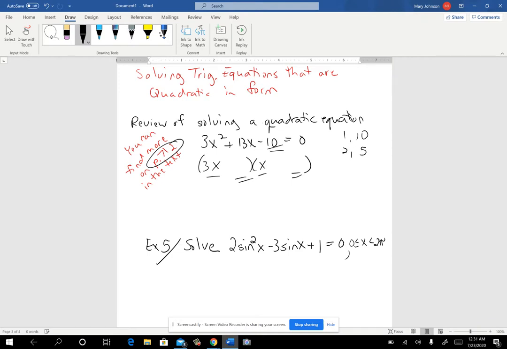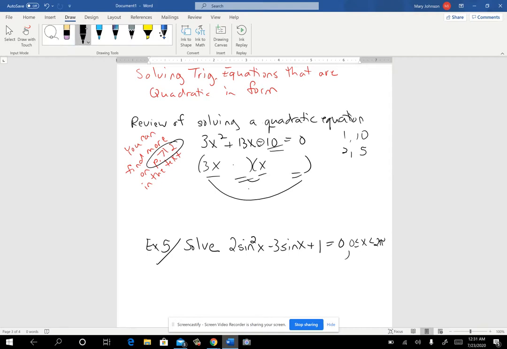Maybe it's 10 and 1, so I might try 10 here and 1 here. That looks pretty good. Should work, but I could get a 13 only if they both have to be positive. And if I make them both positive, I can't get that sign to be negative 10. So I think instead of that, I'm going to use the 2 and the 5.